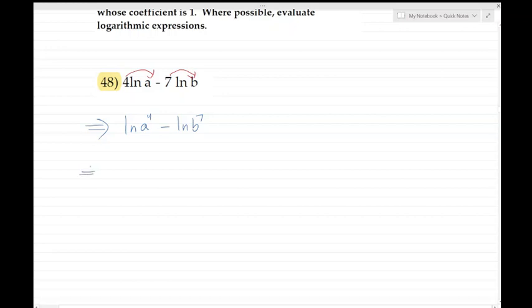So it's just going to be a division or a quotient. So a to the 4th goes in the numerator since it happens first, reading it from left to right. And then b to the 7th power goes in the denominator. And that's it. We have condensed it to one logarithm using the properties of logarithms.